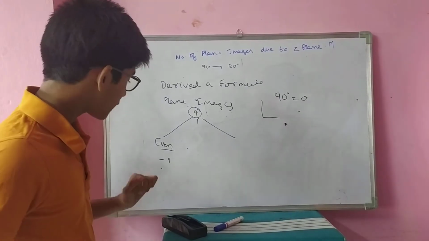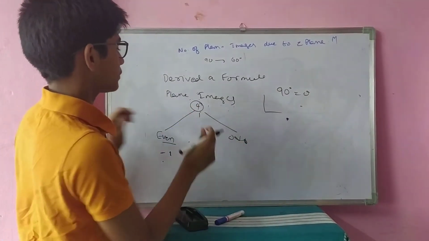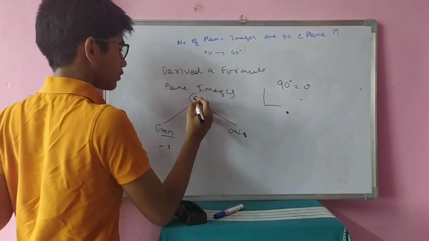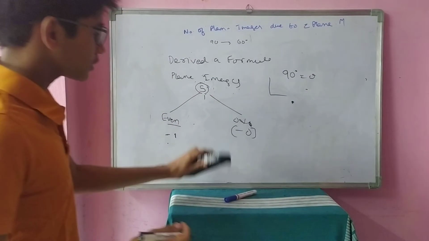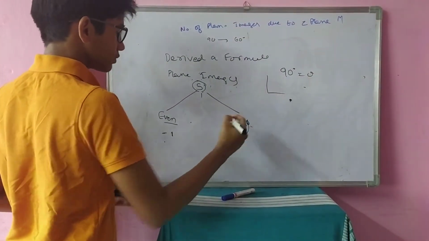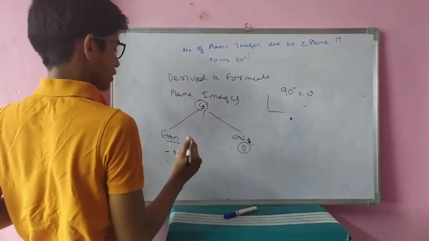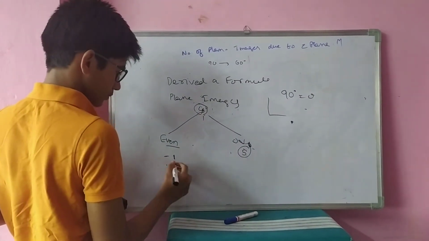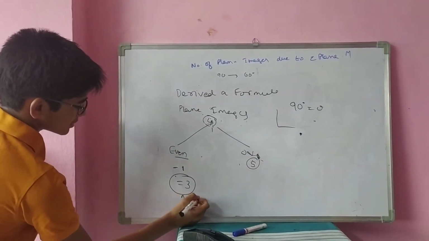If the number is odd, like the 5 you got, you have to do minus 0, that is, we keep it as it is. Here we got 4, so 4 minus 1 equals 3.